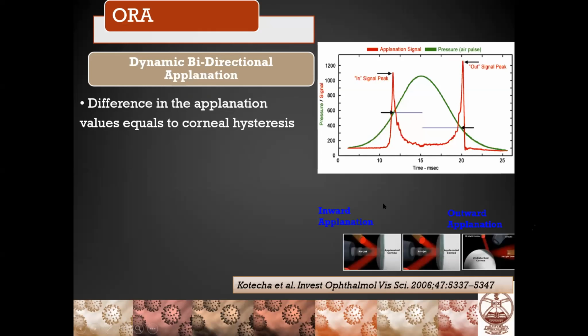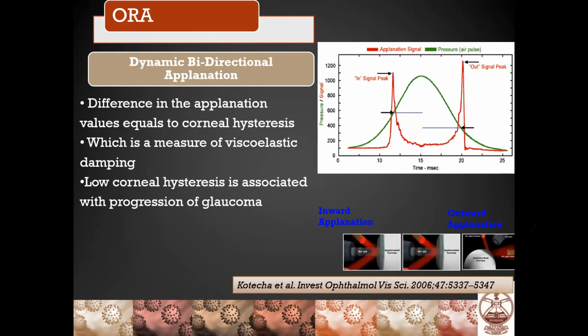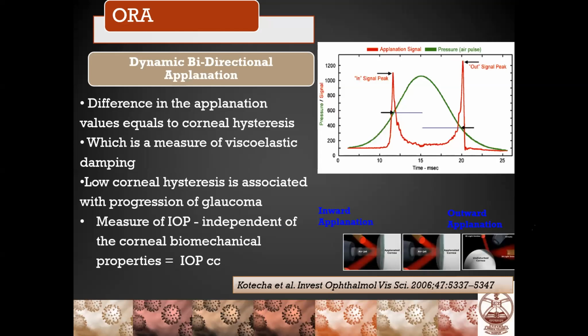The difference is the corneal hysteresis, and it measures the viscoelastic dampening of the cornea. Low corneal hysteresis is associated with progression of glaucoma. And an important thing is that the intraocular pressure given by this machine is already cornea compensated, so it gives a cornea compensated intraocular pressure, which is quite reliable.